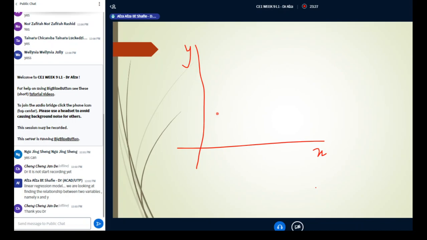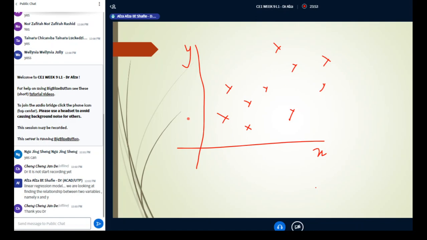For example, if you plot all the X, these are the points. The points can be scattered. Does it matter? If you look at this situation, you notice that when your x increases, the y also increases, and the trend is going in one direction.